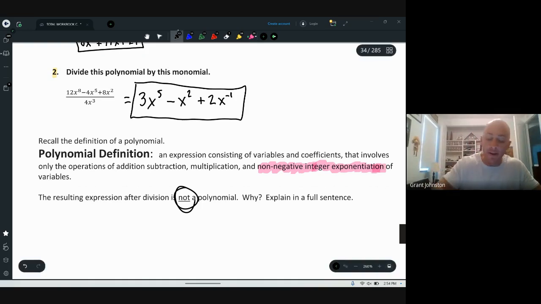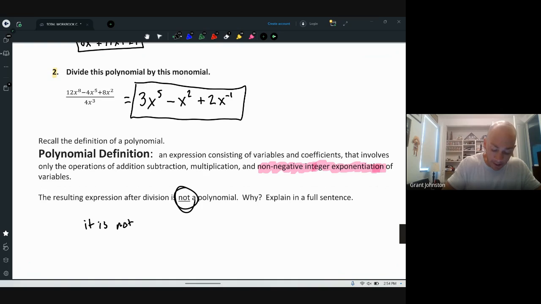Well, it's based off of this idea: you can't have negative exponents. It is not a polynomial because it has a negative exponent.